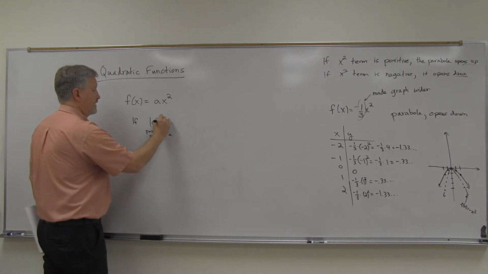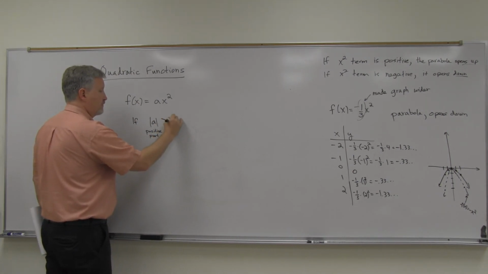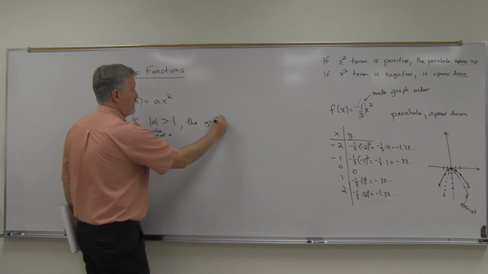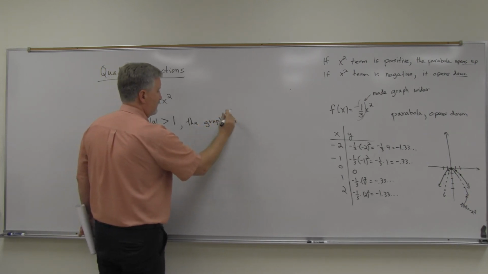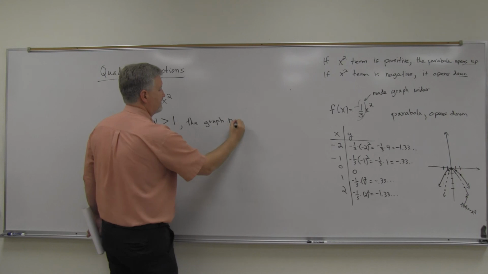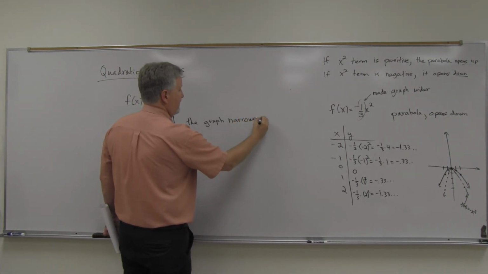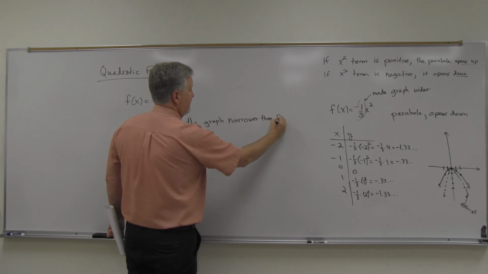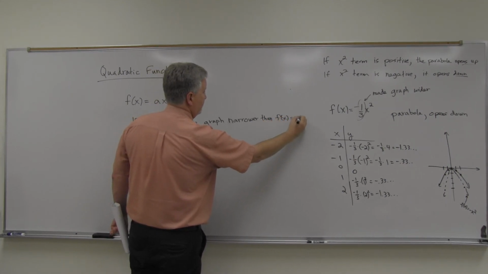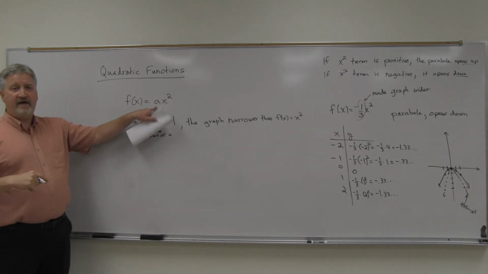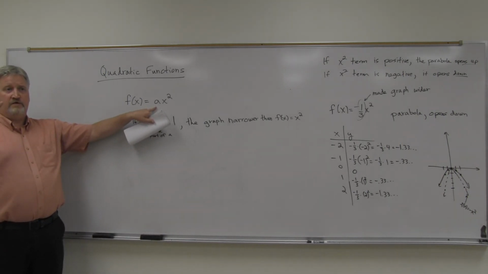If that part is greater than 1, the graph is narrower. So the greater than, yeah, it's narrower than f of x equals x squared. It's like the first one, where we had a is 4. That's greater than 1.